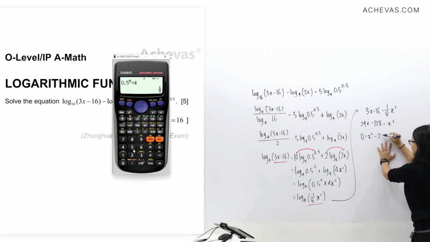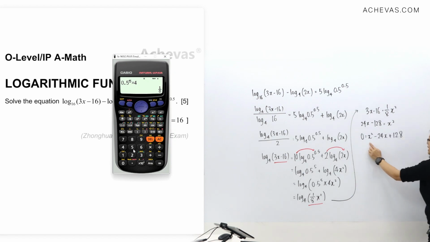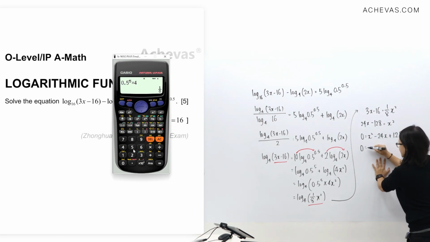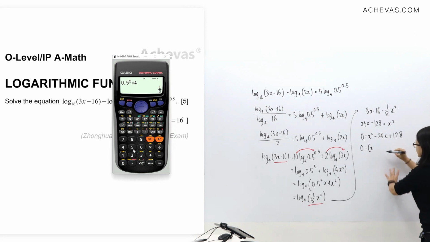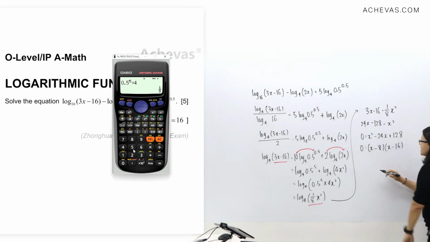So I'm going to shift it to the right. And now let's factorize this quadratic expression here. We have x minus 8, x minus 16. So therefore, x equals 8 or x equals 16 is the answer here.